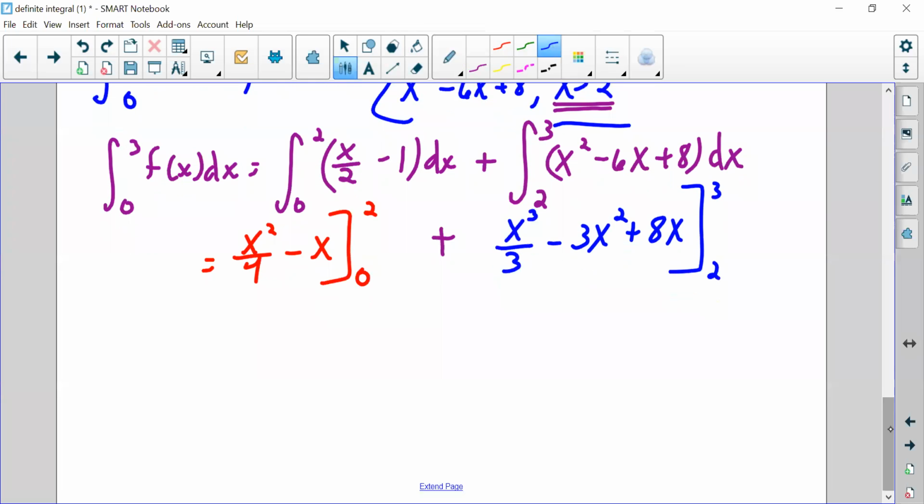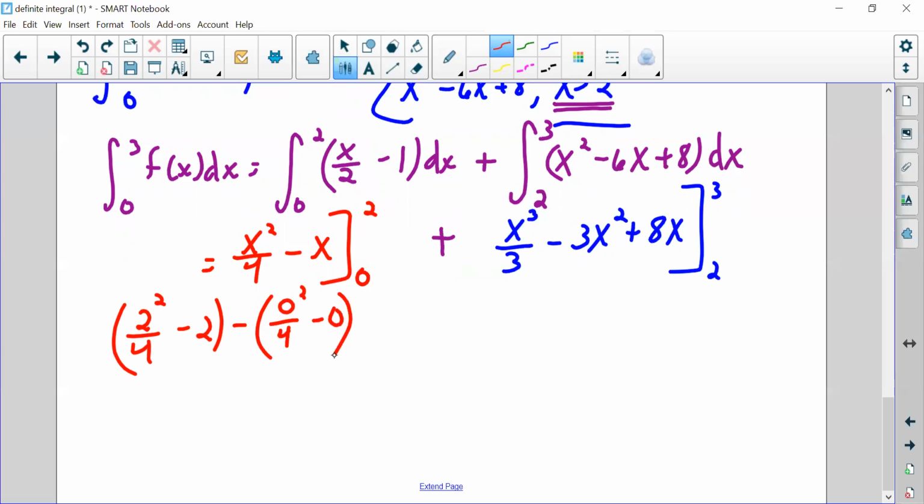And so now I've got to do my upper bound for this first piece. So direct substituting in 2 squared over 4 minus 2, minus substituting in my lower bound, 0 squared over 4 minus 0. I always like the 0 ones. They come out nicely. Plus, now I've got to do direct substitution of my upper bound for the blue equation.